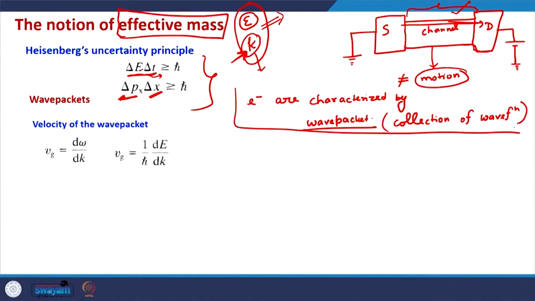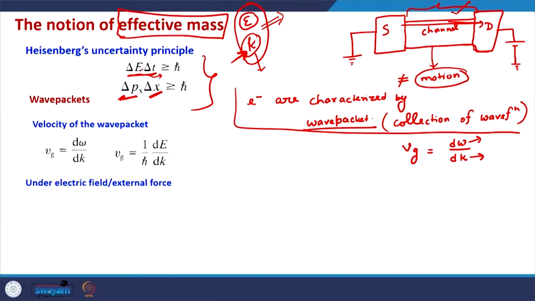From the classical mechanics dispersion relationship, the velocity of the wave packet is given by the dispersion relation: Vg, the group velocity of the wave packet, is given by d omega by dk, where omega is the central frequency, and k is the central wave number of the wave packet.